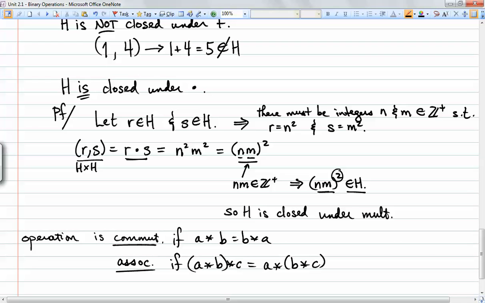Like, if you look at subtraction, that's not commutative, because 7 minus 3 is not the same as 3 minus 7.